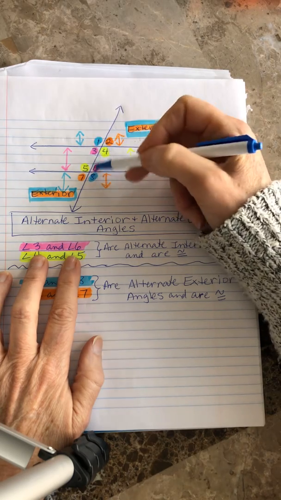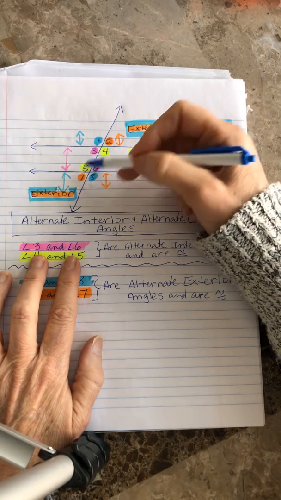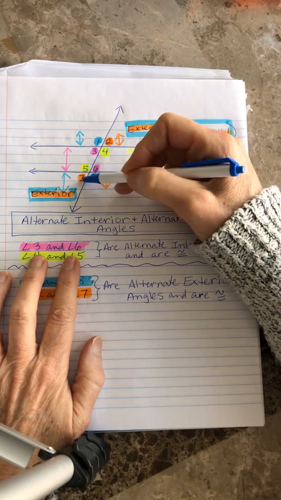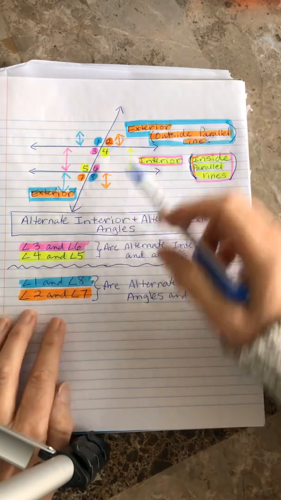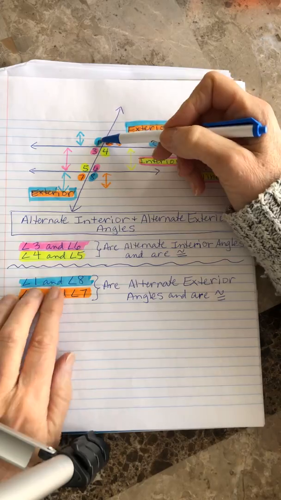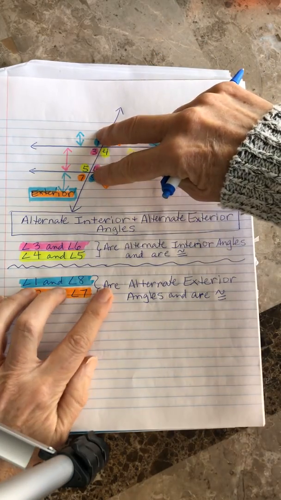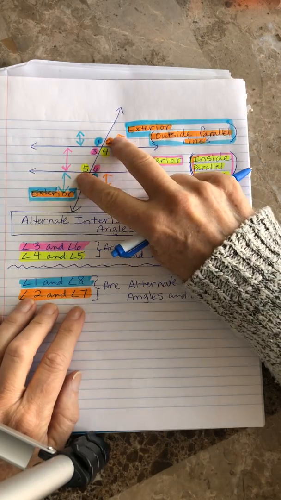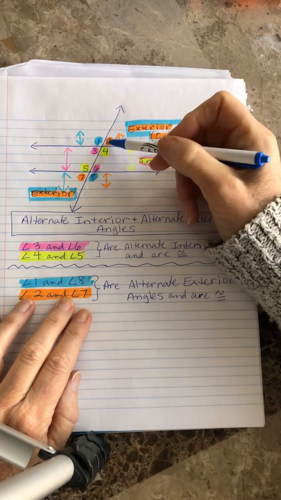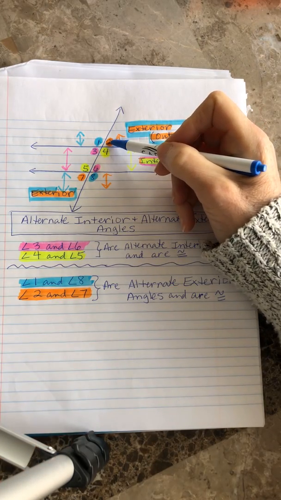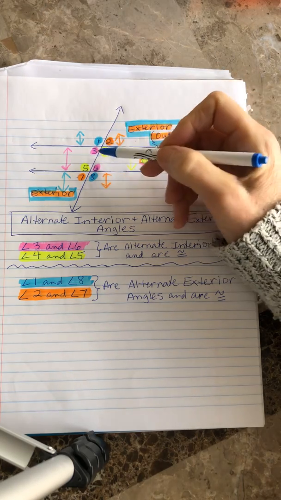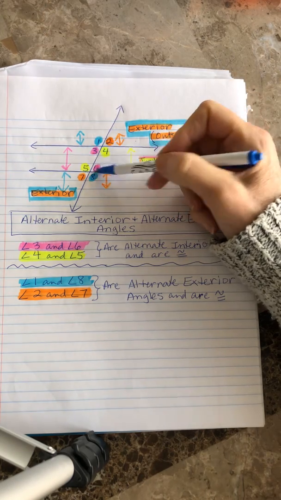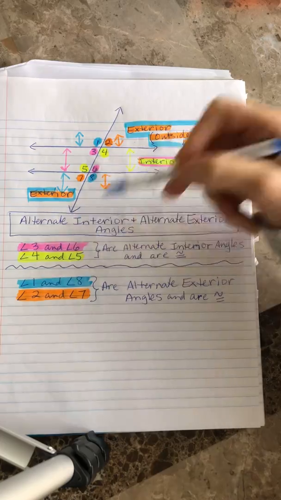The blue are the same measure of angle, and the orange are the same measure of angles. All right, so angle 1 and angle 8, right there and there, are alternate exterior angles, and then angle 2 and angle 7 are alternate exterior angles. Okay, so alternate interior are inside, alternate exterior are outside.